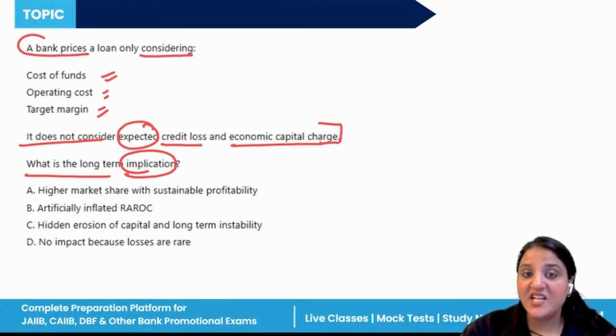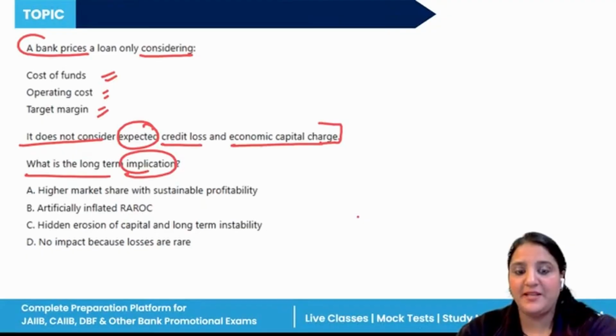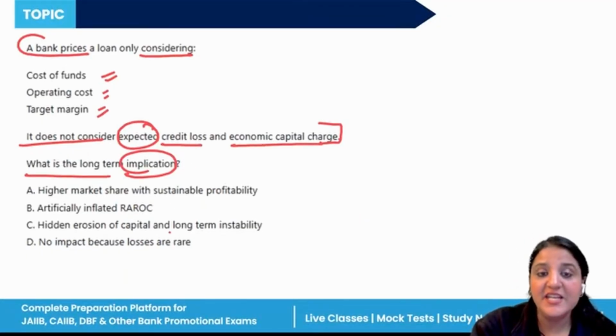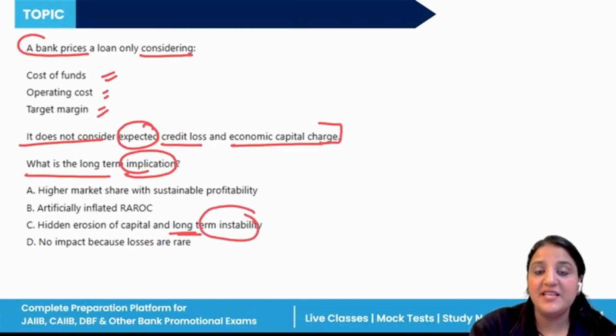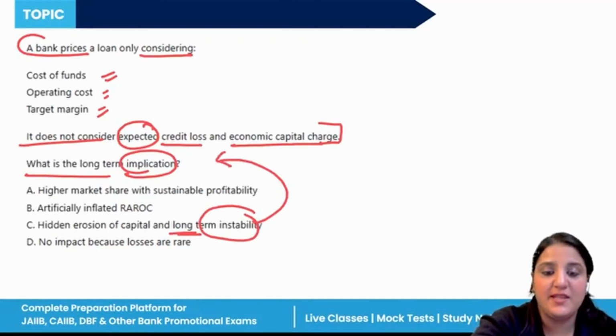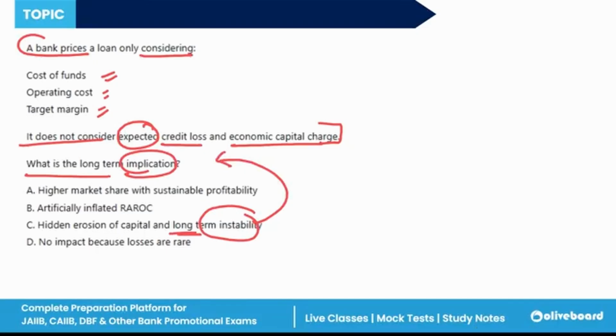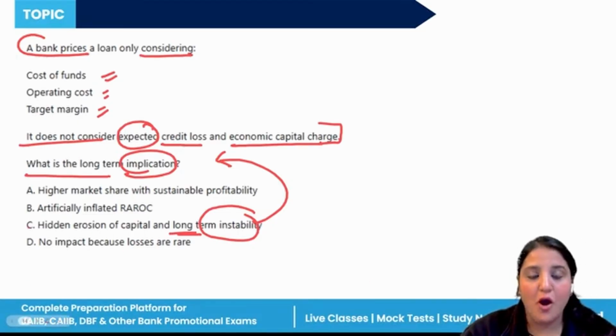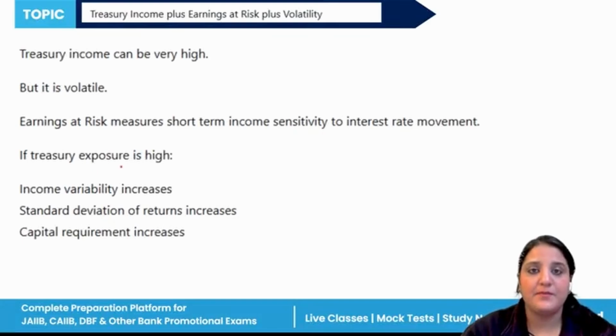That is the condition of dangerous profit planning. So hidden erosion of the capital and long-term instability is the long-term implication in that case. So that's why option C is correct here.